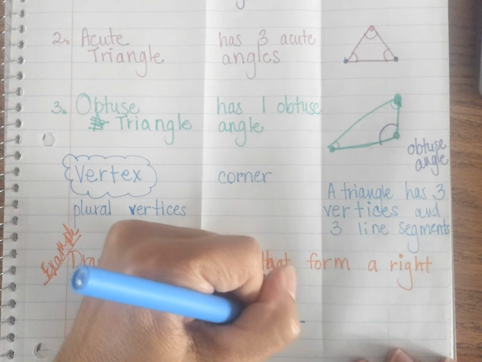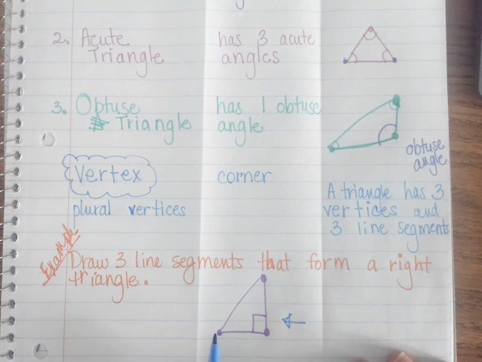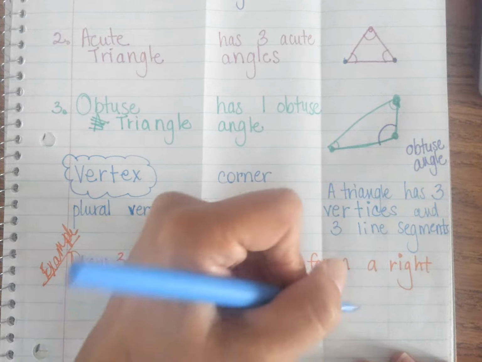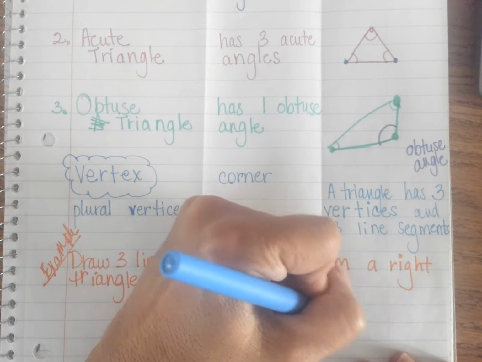Since these two line segments cross, they form what kind of line?